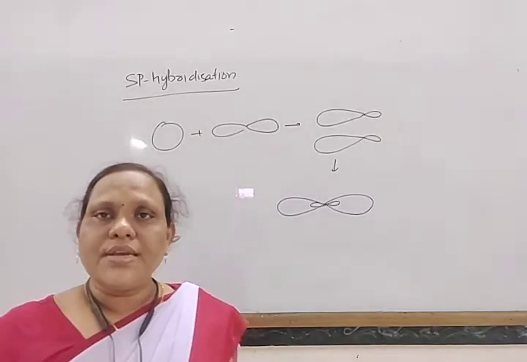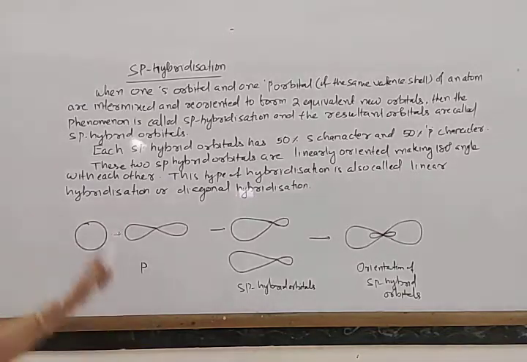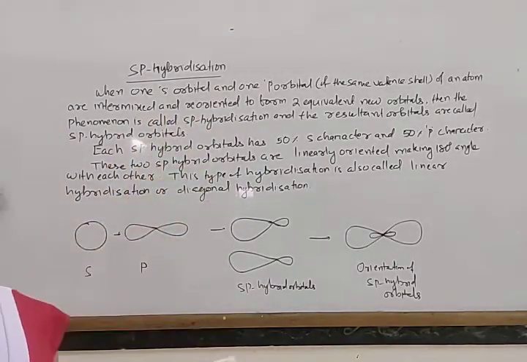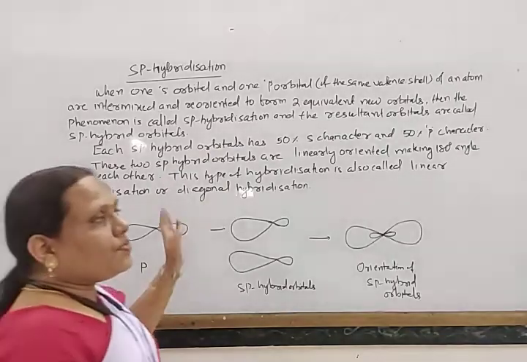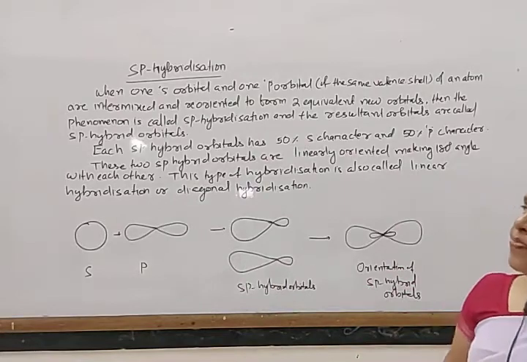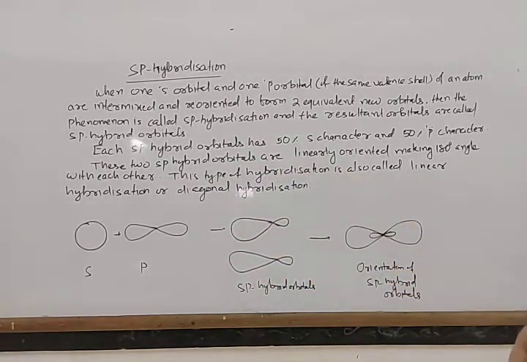Now note down these points. One s orbital and one p orbital intermix to give two sp hybrid orbitals of equal shape and energy, and each sp hybrid orbital has 50% s character and 50% p character.